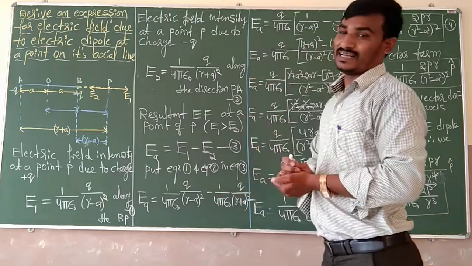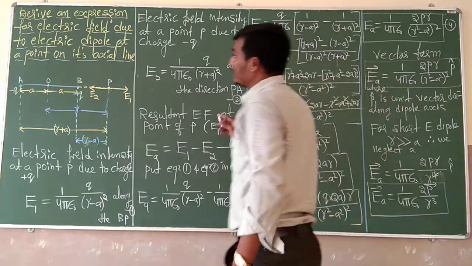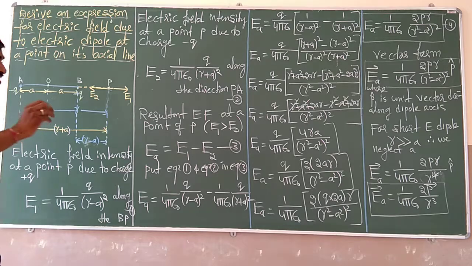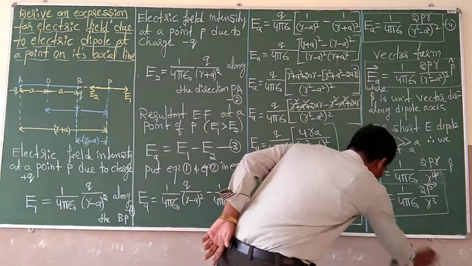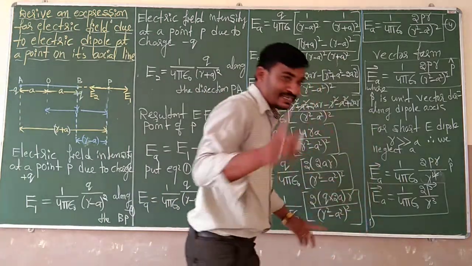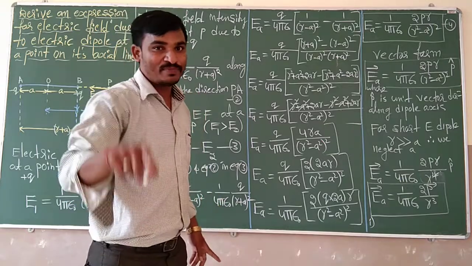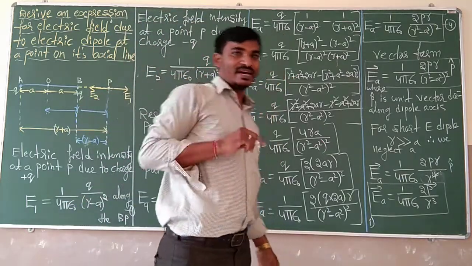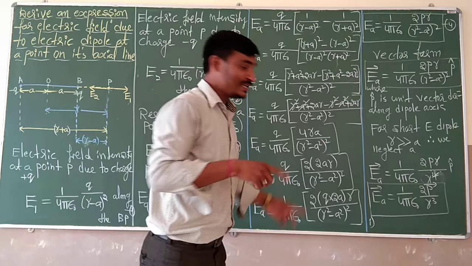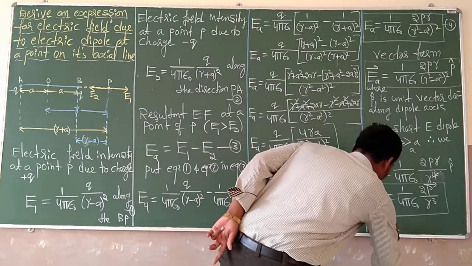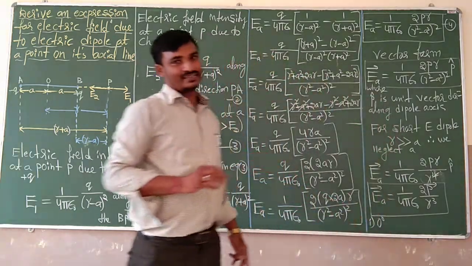What is the angle? Special case 1: resultant electric field as well as dipole axis both are in the same direction. It makes an angle of 0 degree.